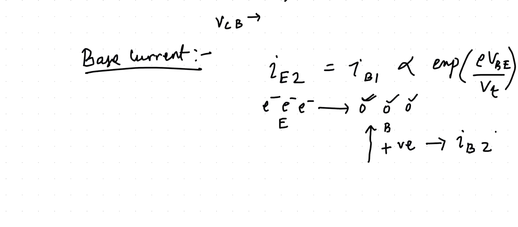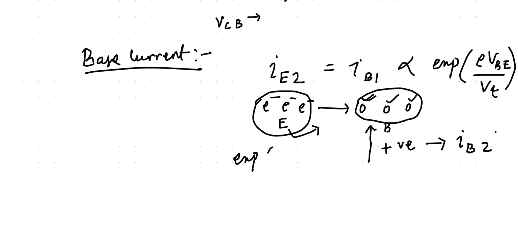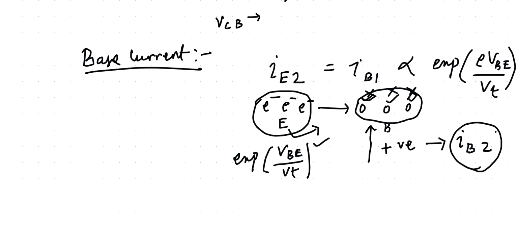The number of electrons moving from the emitter to the base is directly proportional to exponential of VBE by VT. This same factor is responsible for the vanishing of holes in the base region, and we are resupplying the same current, so IB2 is also directly proportional to exponential of VBE by VT.